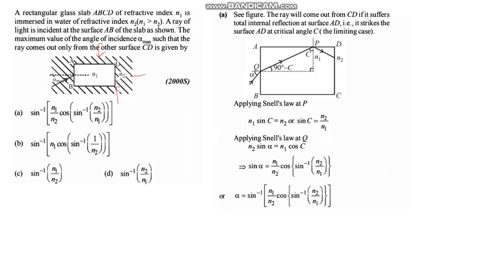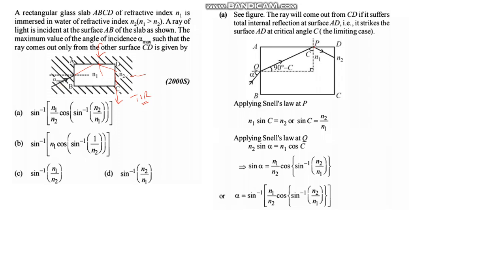This is what he means, only from the surface CD it should go out. So it should not escape here, it should come over here, hit and go like this. That means TIR should happen, total internal reflection should happen, then only it is possible, otherwise it is not possible. So at what angle alpha it is possible? That is what he is asking you.